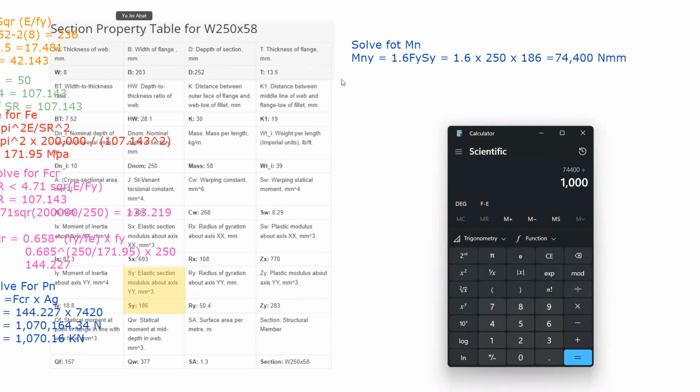So 74,400 Newton millimeter times 1 kilonewton divided by 1,000 Newton. In 1 millimeter, we divide by 1,000 meters, millimeters per meter.